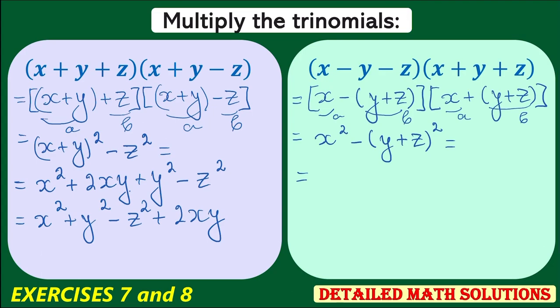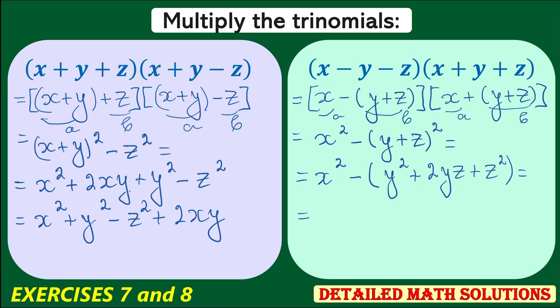As a next step, I'm going to use the formula for binomial square and expand the binomial square y plus z in parentheses squared. This will equal x squared minus the first term squared plus 2 times the first term, second term, plus the second term squared. Next, I need to open parentheses.